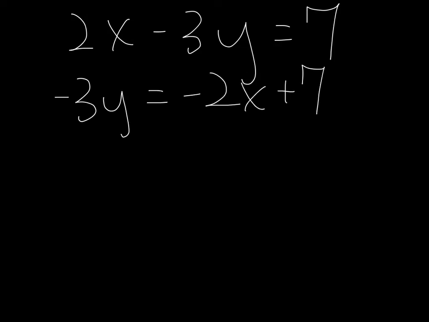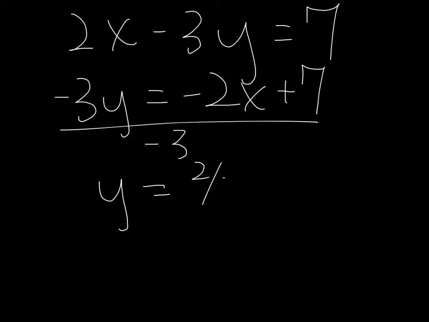Then we divide both sides by negative 3, divide each of the 3 components by negative 3. Have to remember that, it's very important. And we're left with y equals 2/3 x minus 7/3. Now we know that 2/3 is the slope and negative 7/3 is the y-intercept.